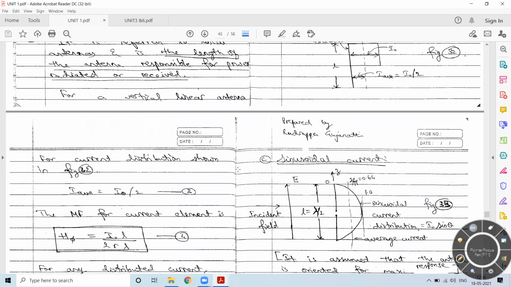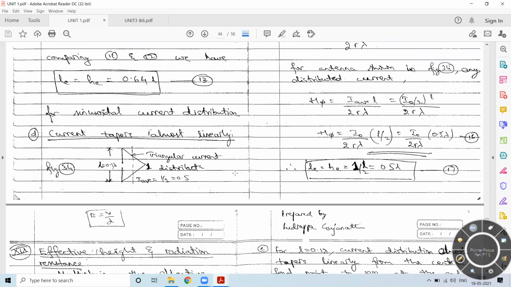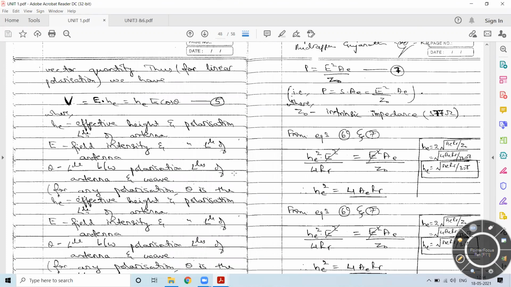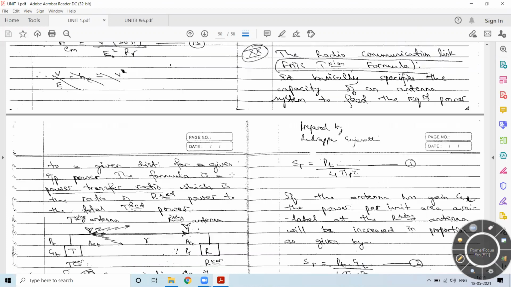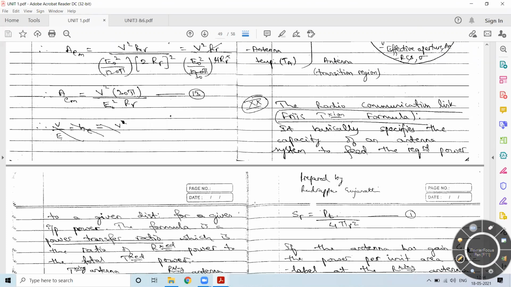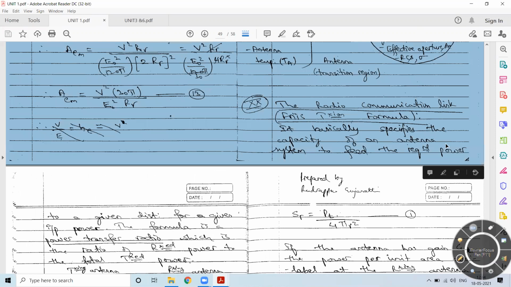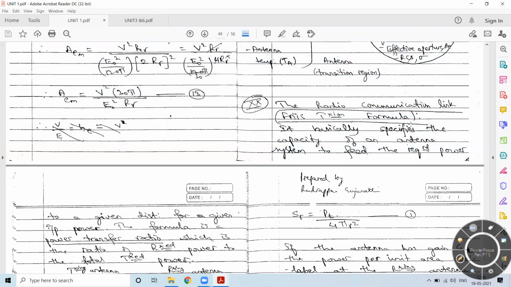Now, in continuation with this, we look into the Friis transmission equation, that is, the radio communication link. What does this Friis transmission equation basically specify? It gives the relation between the transmitted power and the received power.